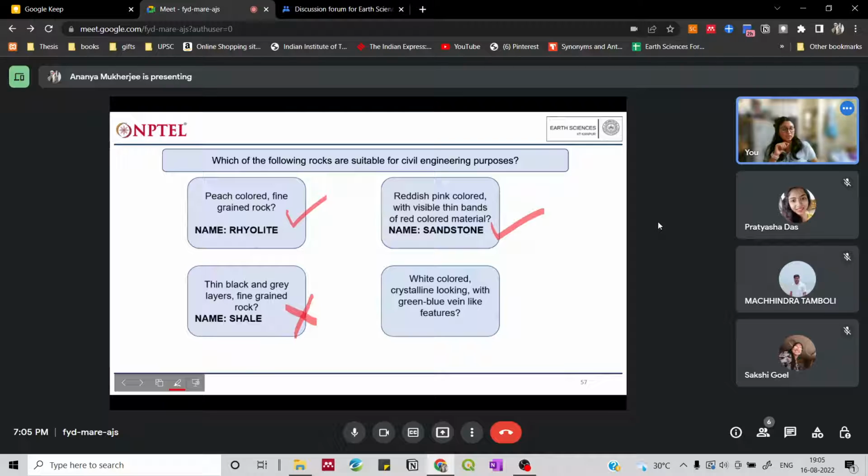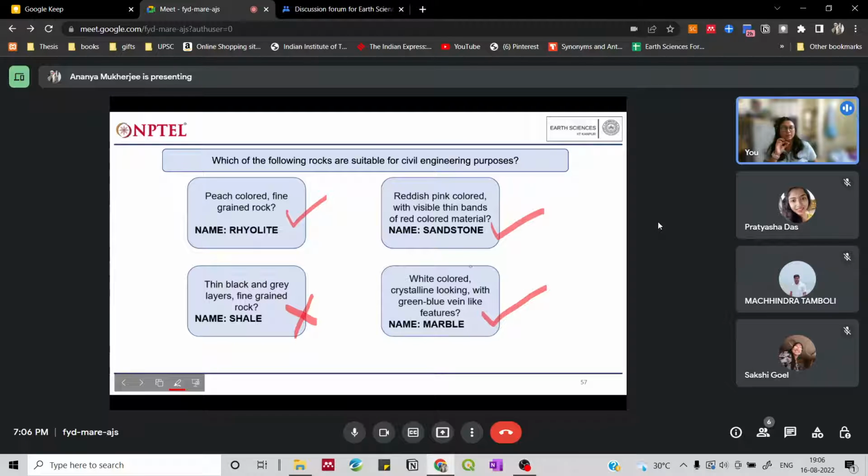Such rocks are marble because it is white colored and it is crystalline looking. These green blue veins are usually very common in marble, as you must have seen in different kinds of places where marble is used for construction. Marble, as we know, Taj Mahal is built with marble, so this can be very well used for construction purposes.